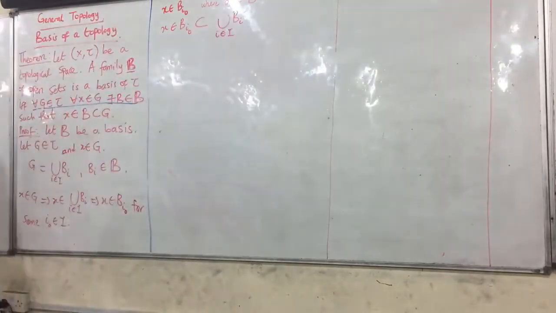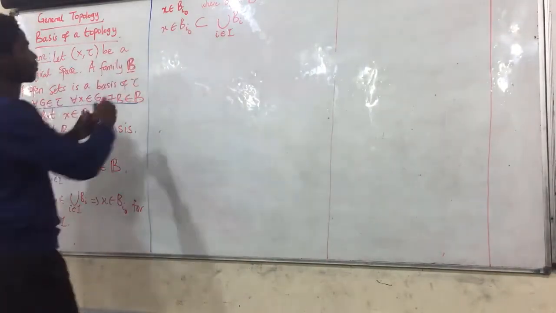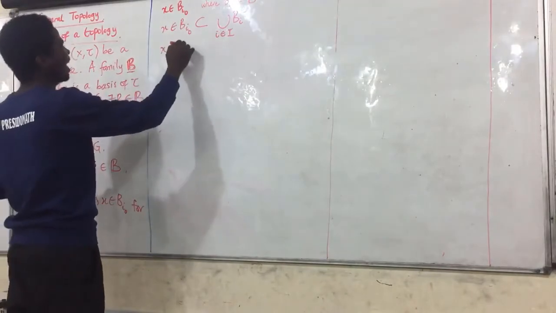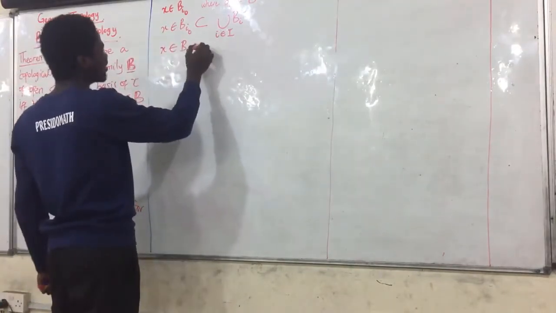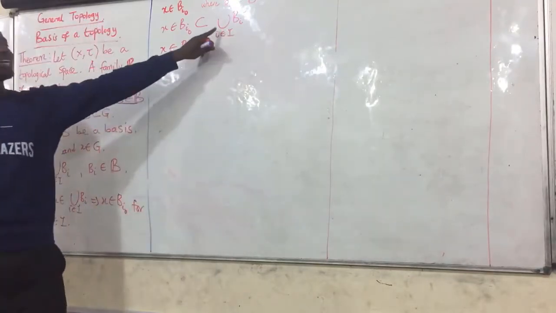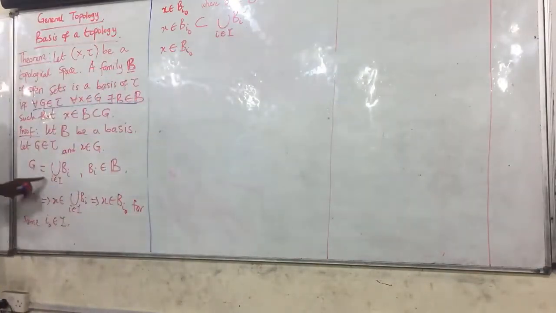Do you understand? Any question? So I'm done. S is inside B_i0. Now, the union of all these ones is what?